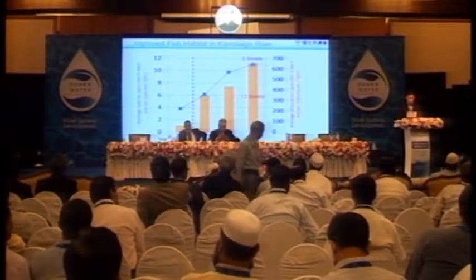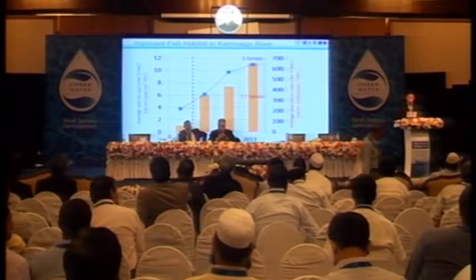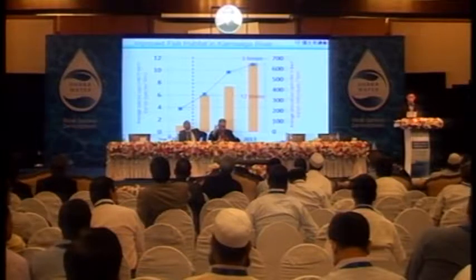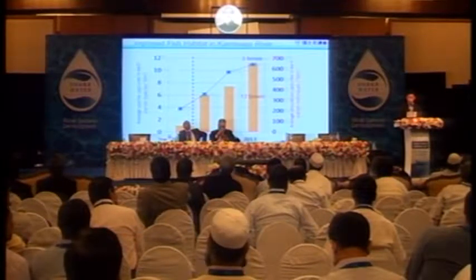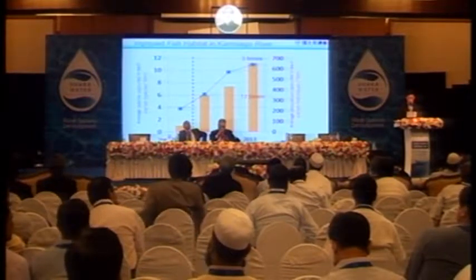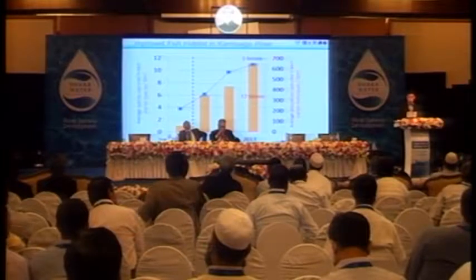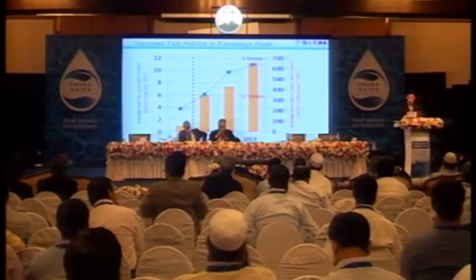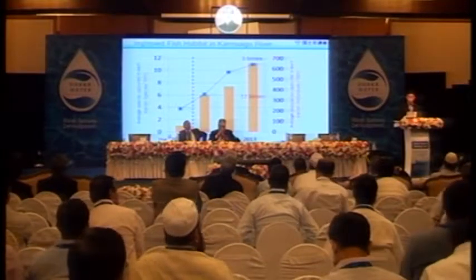And you see the right columns, that shows the total number of fish population surveyed. So after restoration, it increased 12 times. So the habitat here improved a lot.